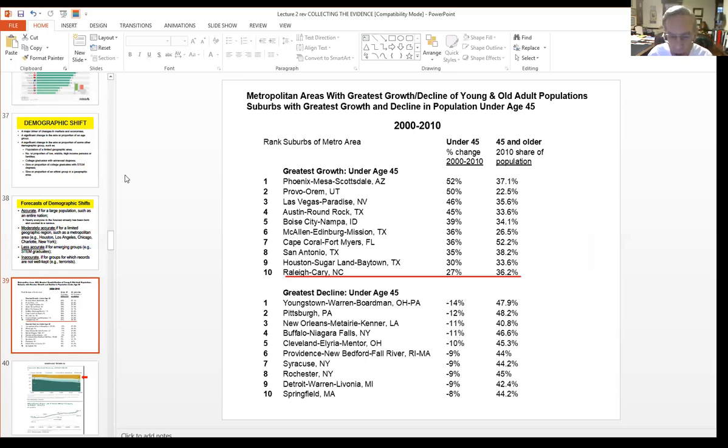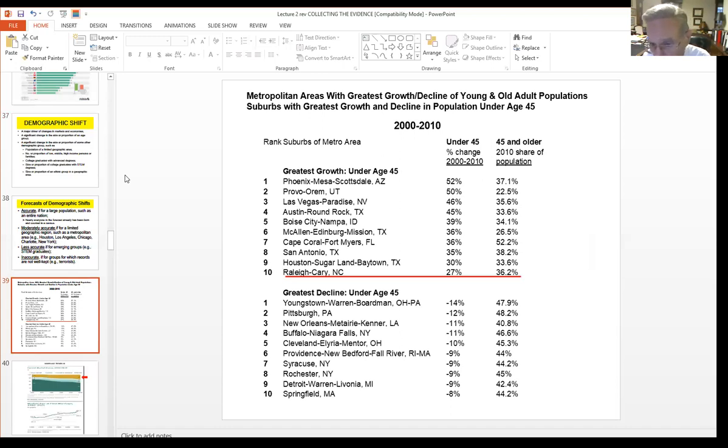And by the way, you can see that the 10th fastest growing metropolitan market is here in this area, Raleigh, North Carolina area. For those of you who are watching this video in another geographic area, our university is very close to Raleigh. It's not quite a suburb, but it's almost.